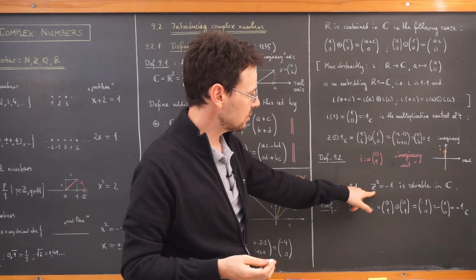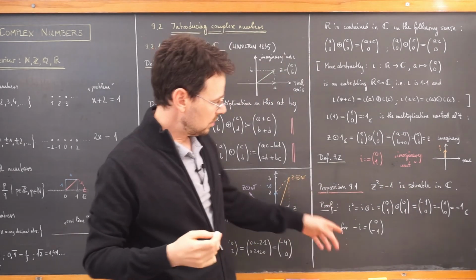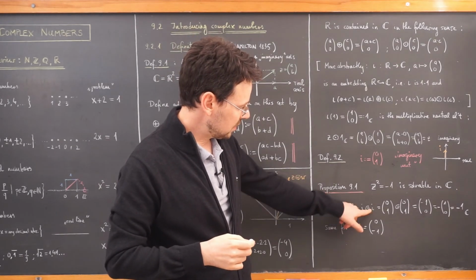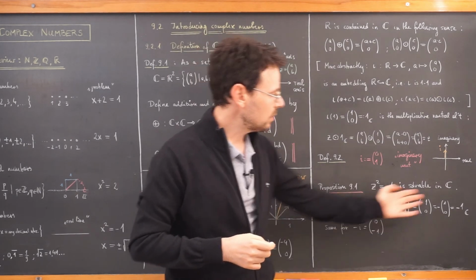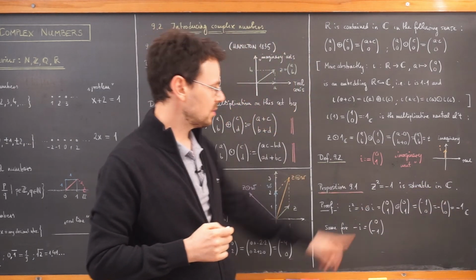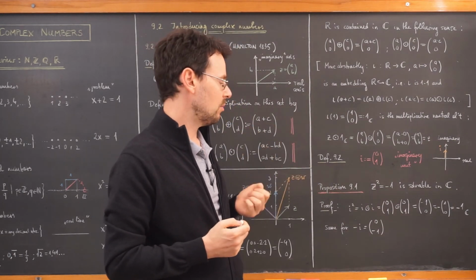So i is the solution of this equation. And if you're bored, you could do the same calculation for minus i, which is (0, minus 1). This will also give you minus 1. So this equation has at least two solutions in the complex numbers.